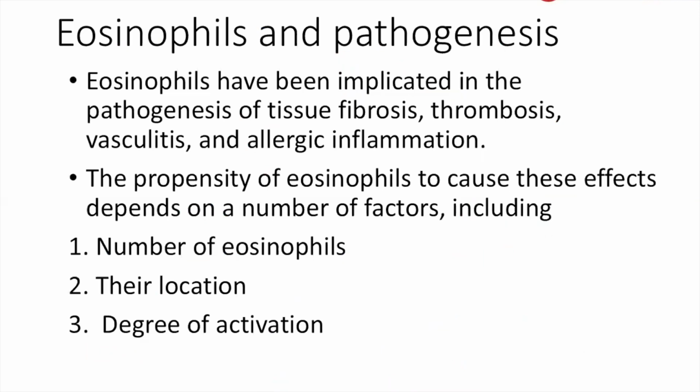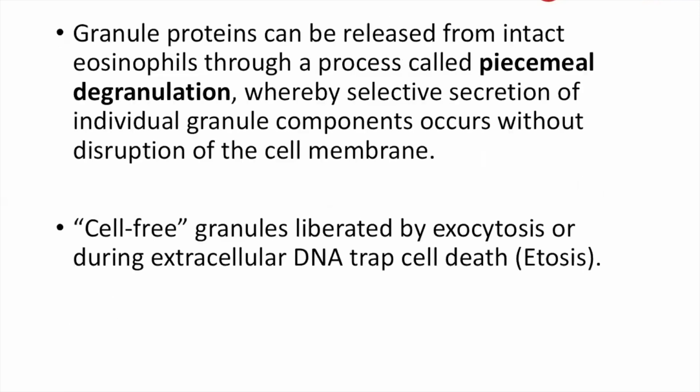So, eosinophils have been implicated in the pathogenesis of tissue fibrosis, thrombosis, vasculitis, and allergic inflammation. The propensity of eosinophils to cause such effects depends on a number of factors, including the number of eosinophils, their location, and degree of activation.